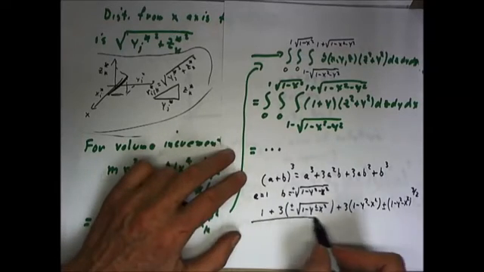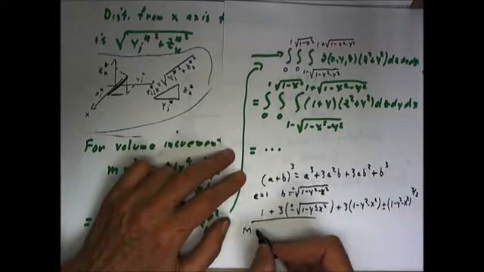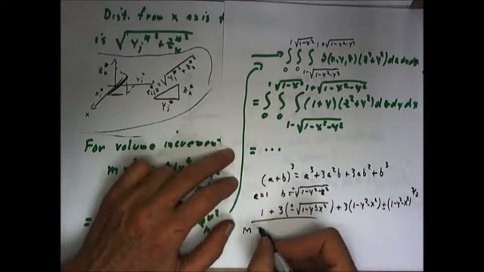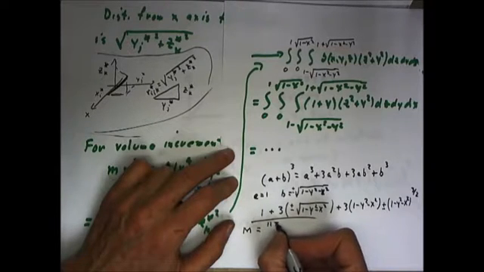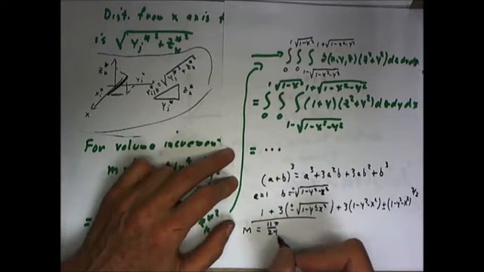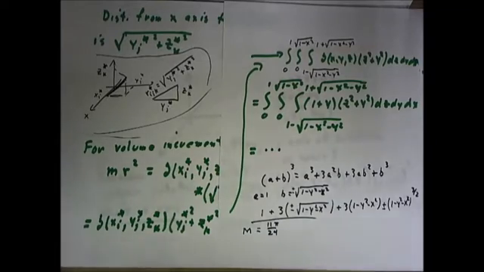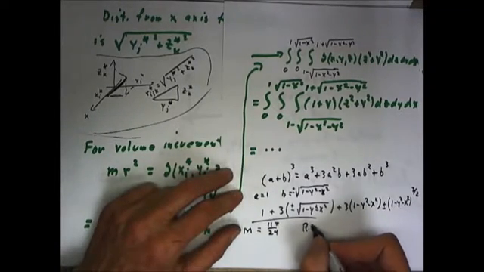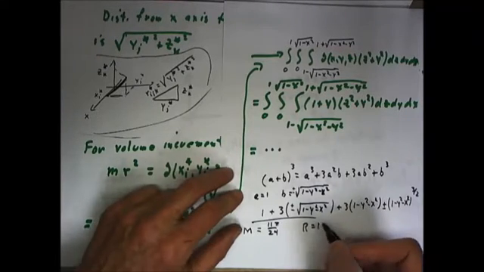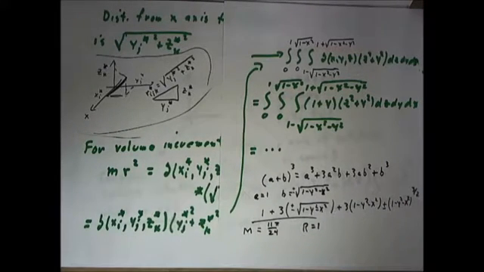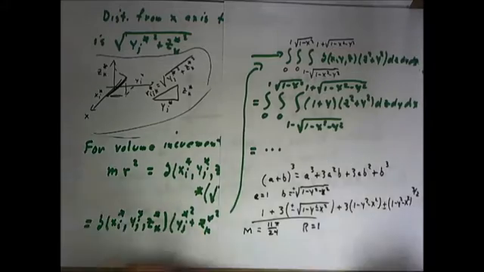Recalling that the mass of the entire object was, I believe, and you can check this out, 11 pi over 24. Its radius is 1. I take it back.